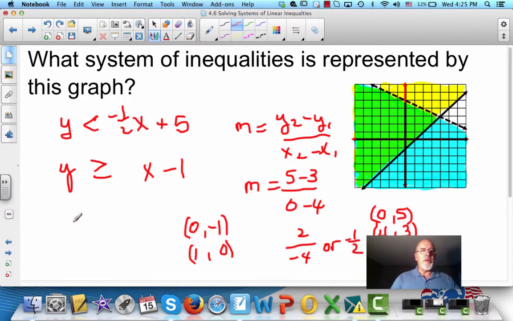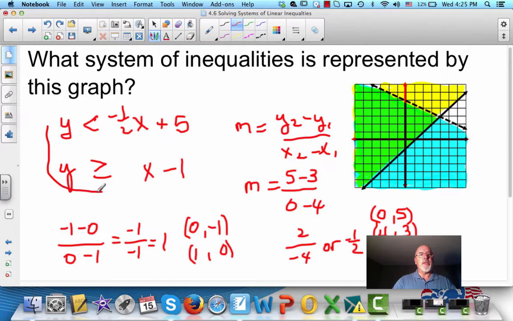So when we do y2 minus y1 over x2 minus x1, that gives us 1 over 1, which is equal to 1. So we could put our 1 there, or we could just ignore it because 1s are understood. So this is our system of linear inequalities.